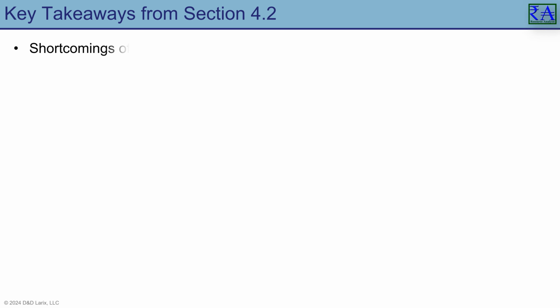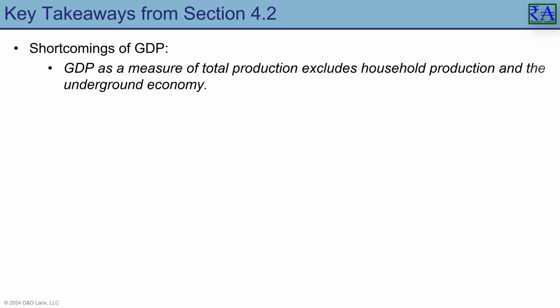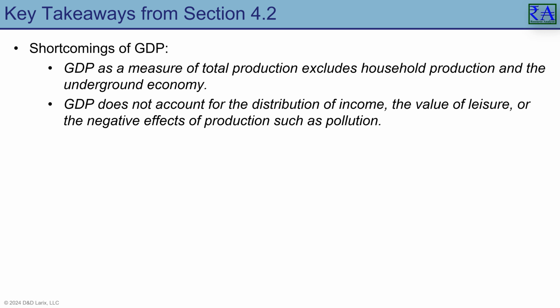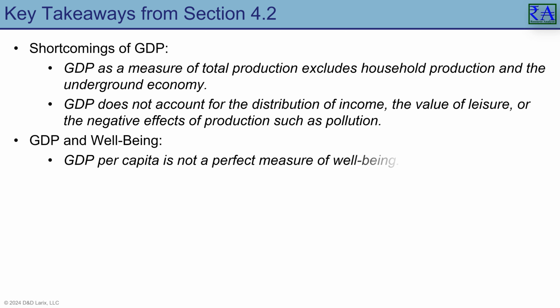In this section, we explored the various shortcomings of GDP as both a measure of total production and well-being. We learned that GDP does not capture important aspects like household production and the underground economy, nor does it reflect income distribution, leisure time, or the negative effects of production. We also discussed how GDP per capita, while useful, is not a perfect measure of well-being.